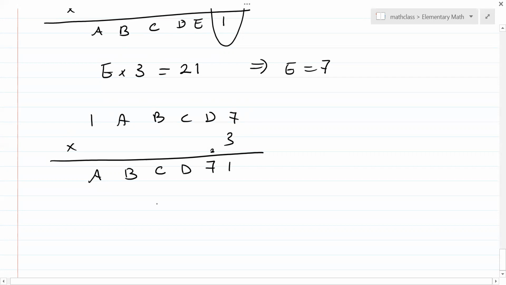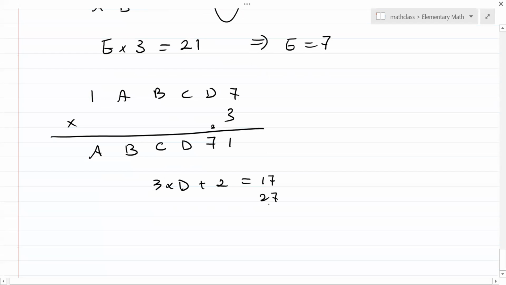Then 3 times D plus 2 should be something ending in 7. At least it should be 17. It cannot be just 7. Or maybe 27, maybe 37.